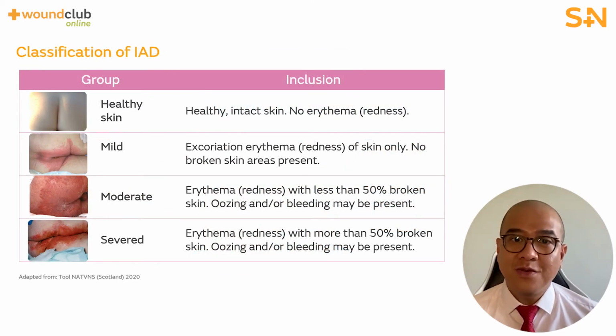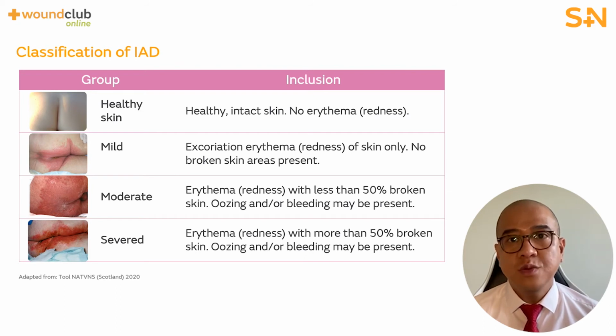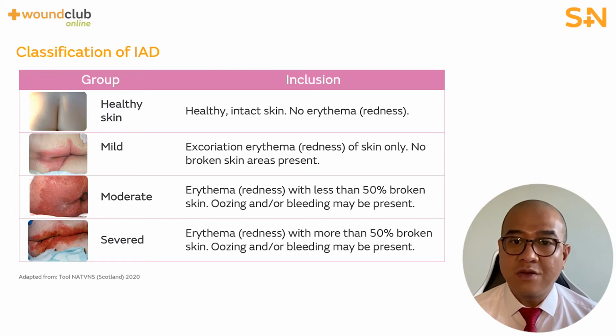Evidence relating to MASD classification is limited. There is the Ghent Global IAD Categorisation Tool, which provides alphanumeric categories and subcategories to describe the extent of skin damage. The tool was very specific to one type of MASD, which is the IAD category.